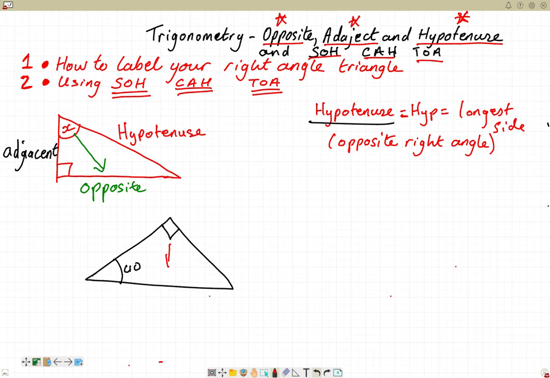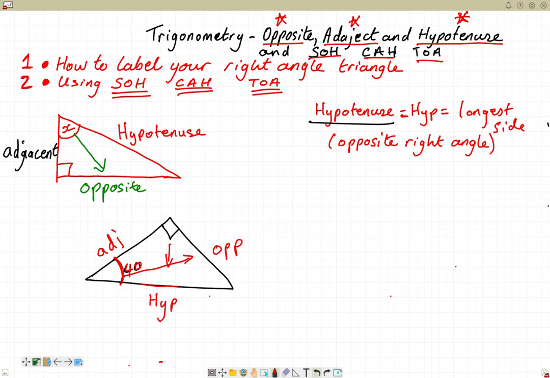So opposite my right angle is this side. This is my hypotenuse, let's call it hyp. Next, opposite the angle I've been given or am trying to work out. This one I've been given, so opposite 40 will be my opposite, and then the one left over is adjacent.